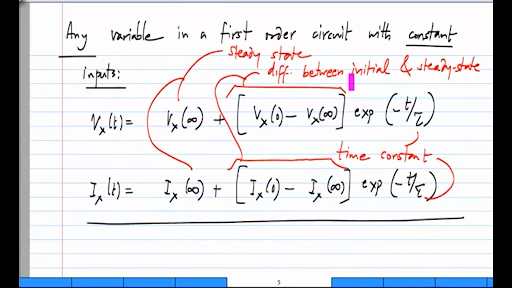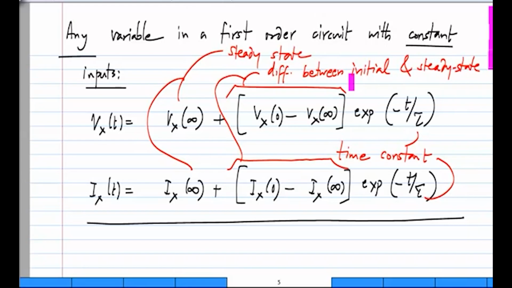So in other words, if you have a first order circuit, every variable will follow this type of behavior. Then you first find Ix of 0. This is by assuming that capacitor voltages don't change, and this is true if the capacitor currents are not infinite. We will later see examples where it can be infinite. And you find the steady state values, that is values at infinity, by open circuiting the capacitor.